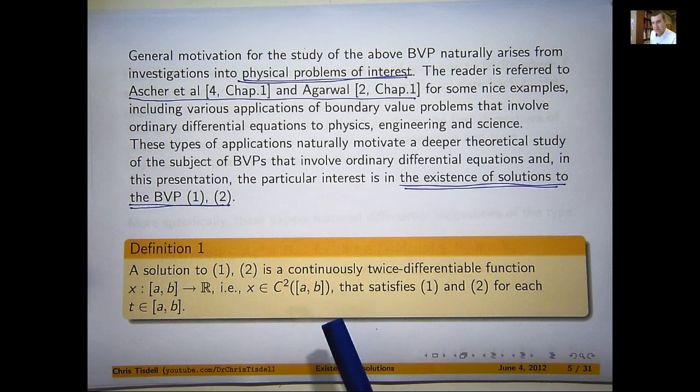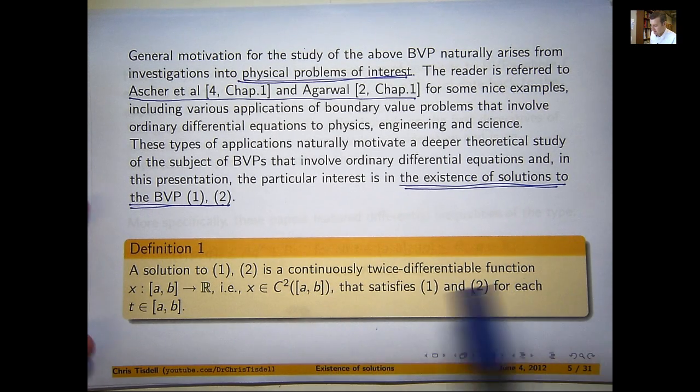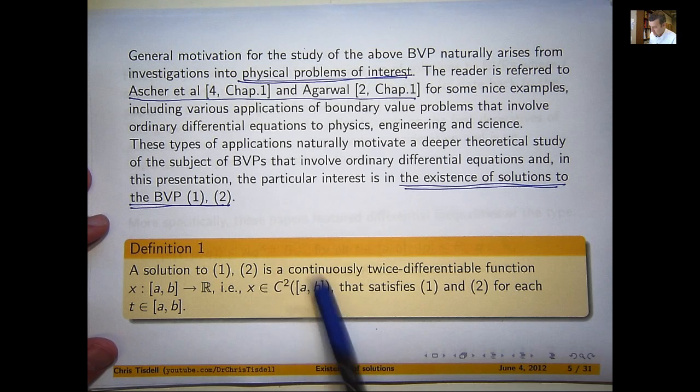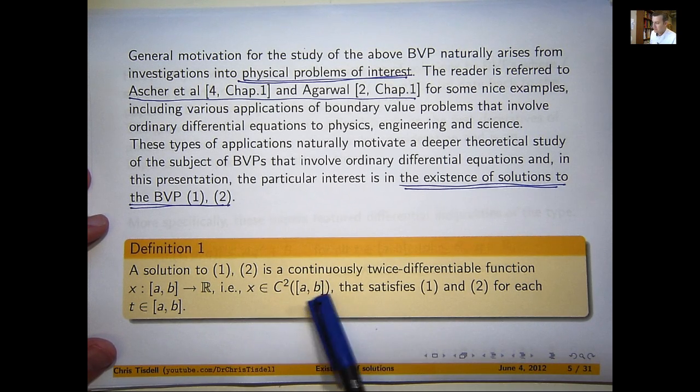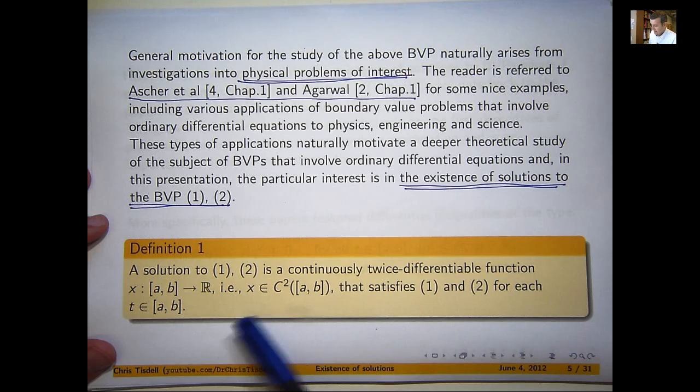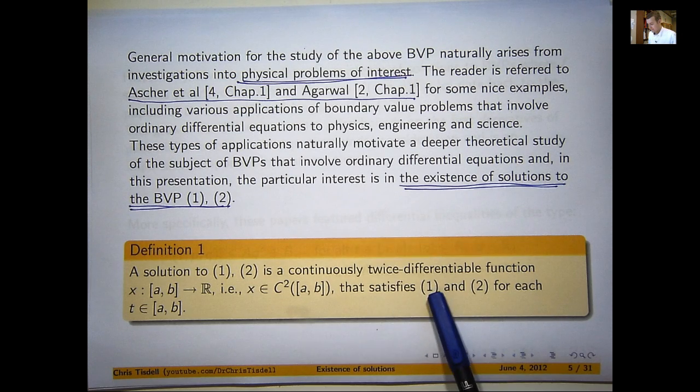Now, I'm going to use the following notation for a C2 function, this kind of notation here. So this means that x is twice differentiable on this interval, and x double dash is a continuous function. So a solution to this boundary value problem is such a function that satisfies the ODE and the boundary conditions.